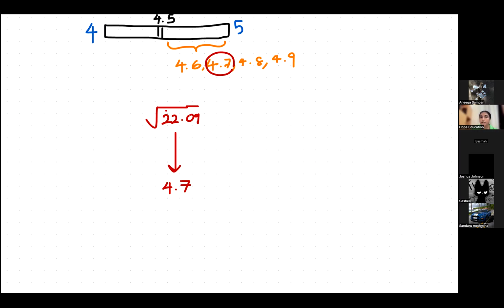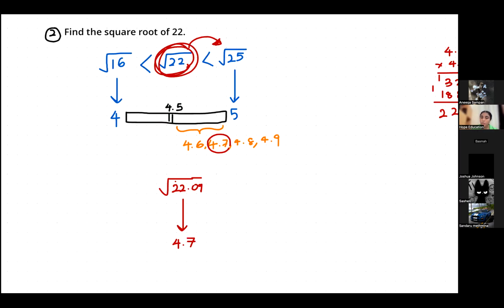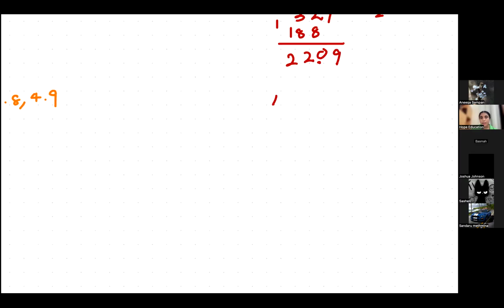Now what I want is 22 නේ. So එහෙනම් මේක 22.09 means it's a bit higher than 22. එහෙනම් මම 4.6 බලනවා. 4.6 බලමු. 4.6 multiplied by 4.6. 6 times 6 is 36, 3 remaining. 6 times 4 is 24, 25, 26, 27. 4 times 6 is 24, 2 remaining. 4 times 4 is 16, 17, 18.